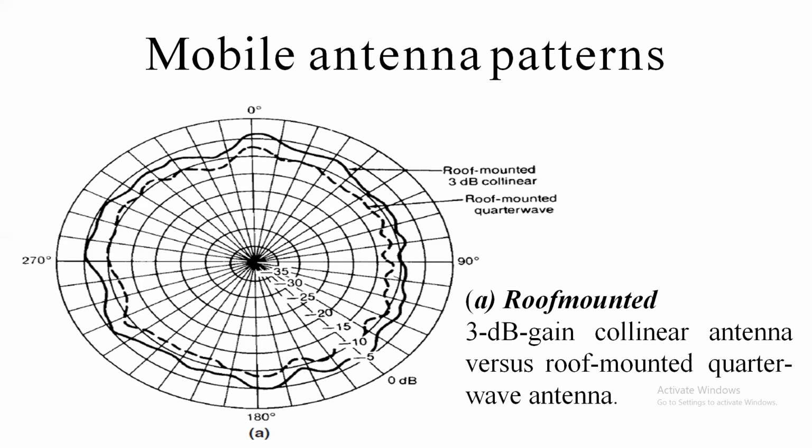As shown in this figure, the distribution is spread around the 360 degrees, at some angles there may be less and at some angles more, but it will cover the 360 degrees because it is an omnidirectional antenna. Because it is an omnidirectional antenna, it will be uniformly distributed around the mobile unit.